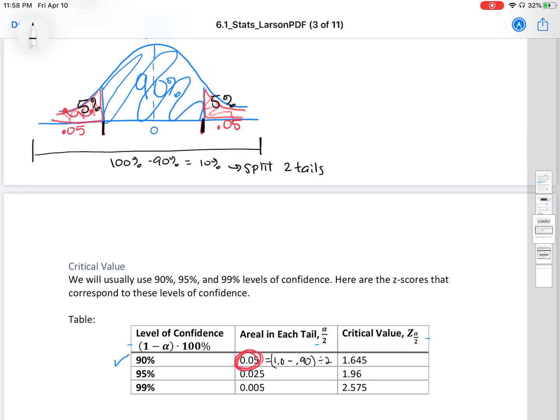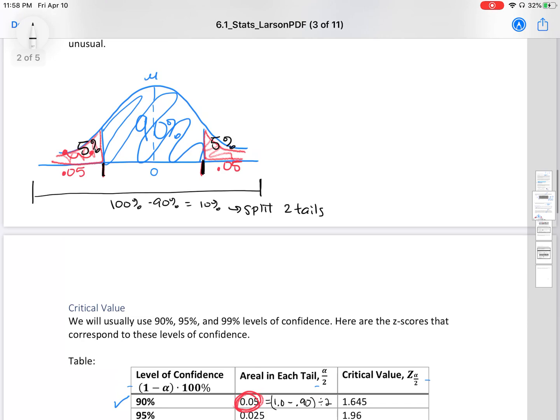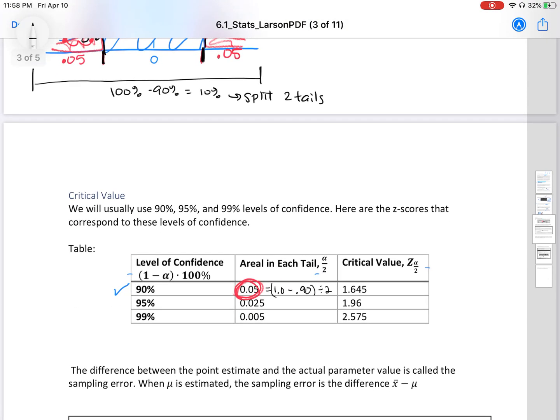You can go through the process, maybe do invNorm of 0.05 along a symmetric curve, and you'll get a z-value according to it. You should get 1.645. Now, because it's symmetric, this one will also be 1.645. So this is where we get these critical values, these Zc's.